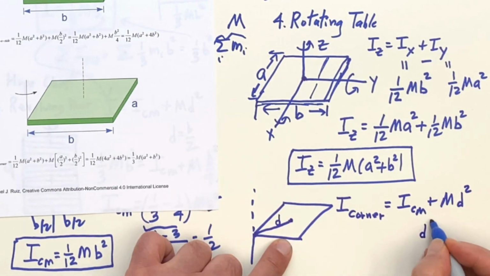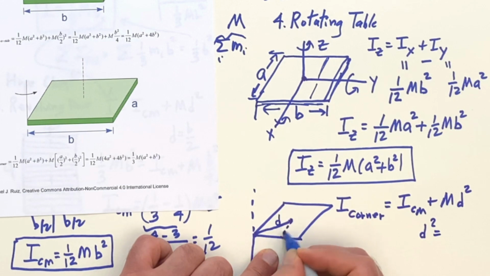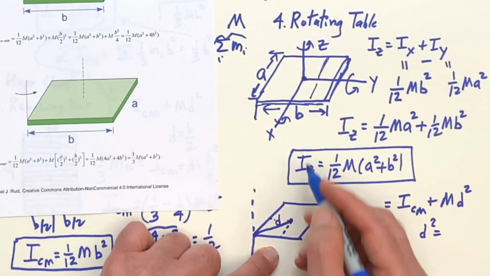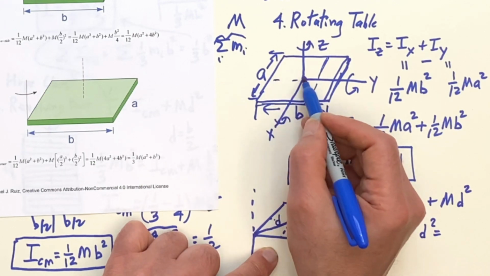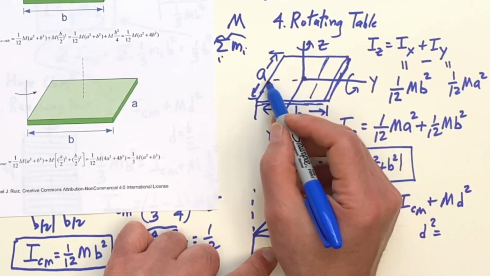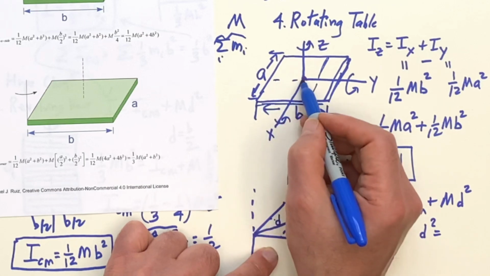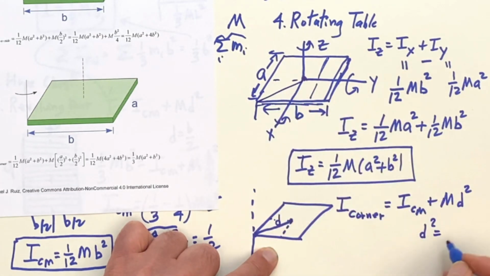Now the d squared here would be, you're looking at going b over 2 and a over 2 and b over 2, to get over there. So that would be a squared over 4 plus b squared over 4.